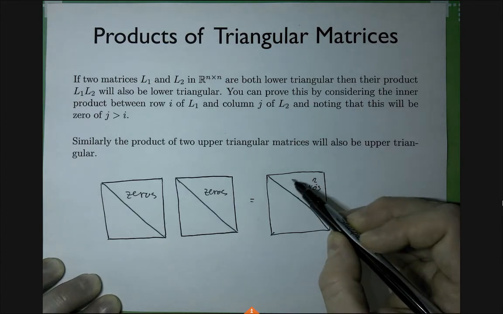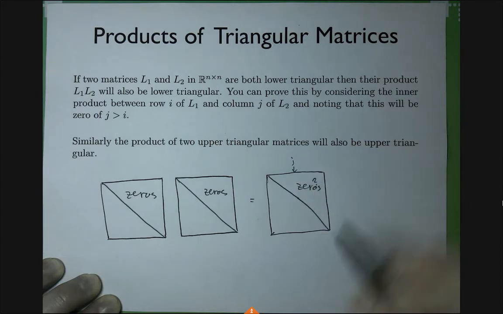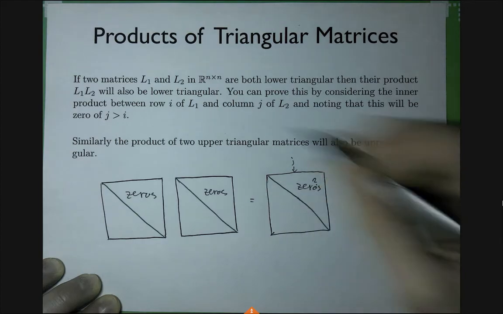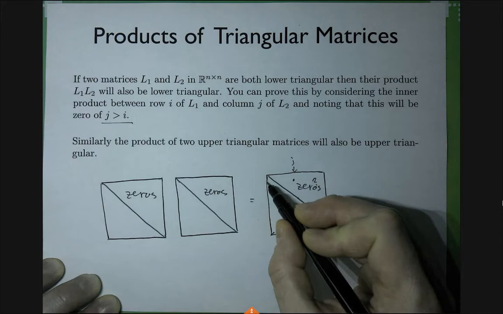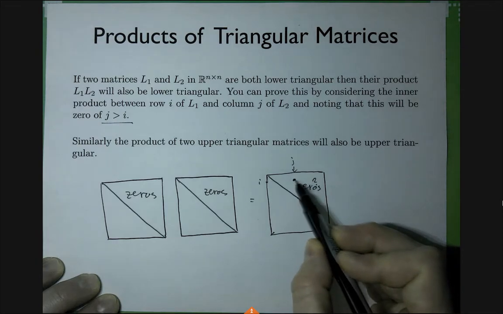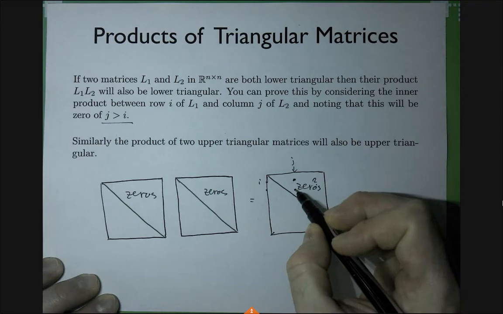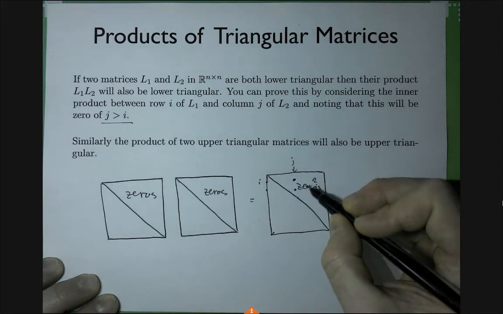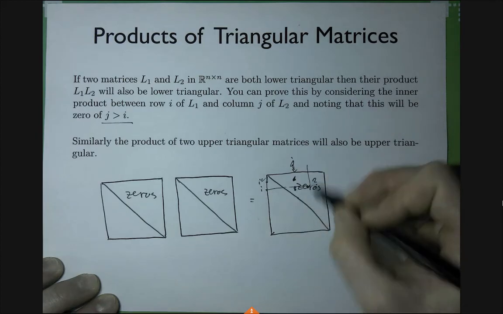All these elements have the property that the j index of the column is larger than the index of the row, right? If I take some element here, it has some index i and some index j, but the j will be more than i. Let me take another one, so it's a little more obvious. Let's say the i is here and j is here.